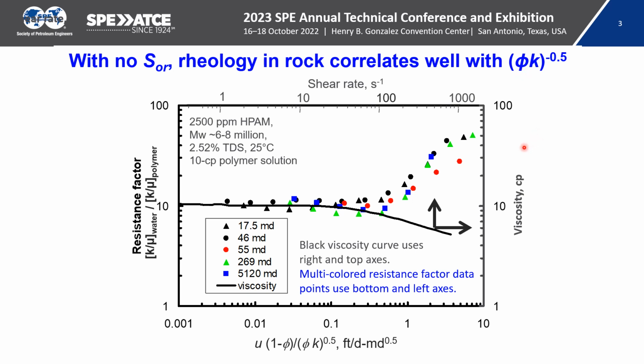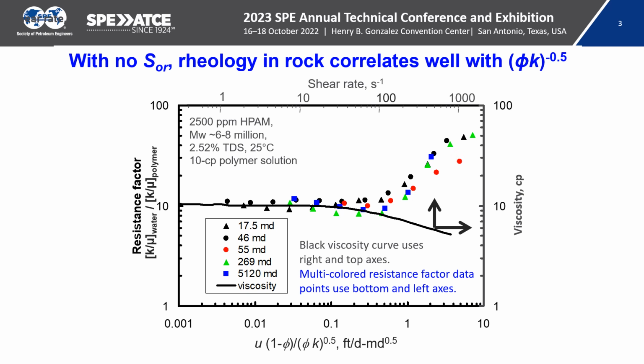That point's illustrated in this little plot here, where we're plotting resistance factor, or the apparent viscosity of a polyacrylamide solution in porous media relative to water, versus the Darcy velocity times this permeability porosity function. And when we make the plot in that way, you can see that over a very wide range of permeability, all of the resistance factor data points basically fall on the same line.